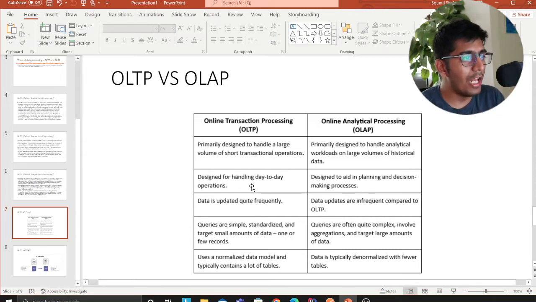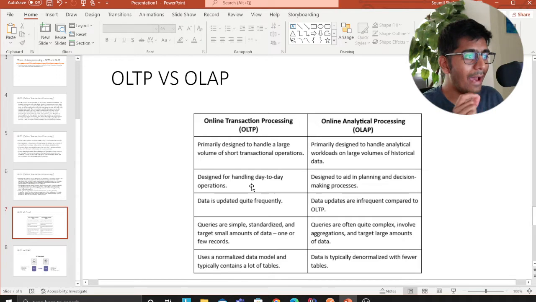On the other hand, OLAP is designed to aid in planning and decision-making processes, because you have history. So you essentially get a lot of insights from the data, right? In OLTP, data is updated quite frequently. In OLAP, data updates are infrequent compared to OLTP. Very important point, okay? In OLTP, queries are simple and standardized, and they target a small amount of data, one or a few records.